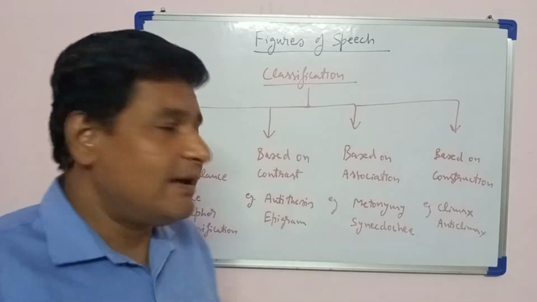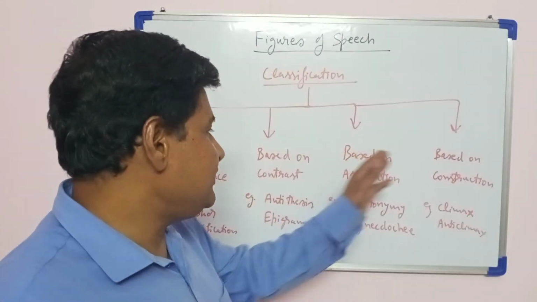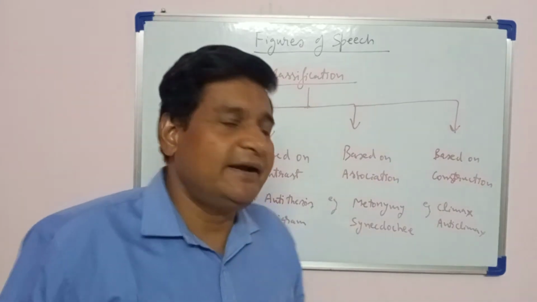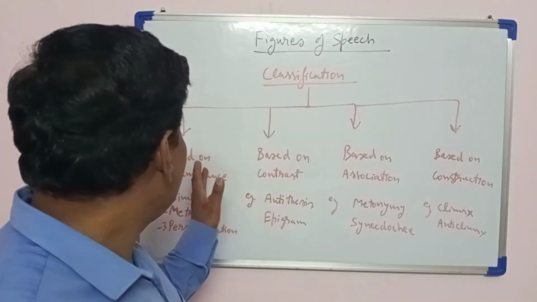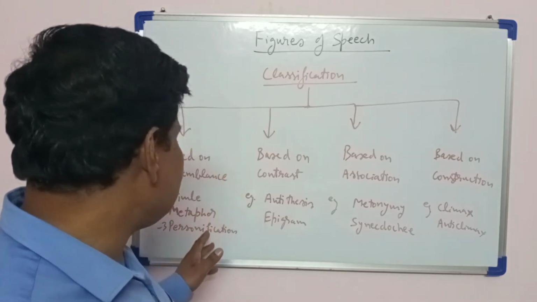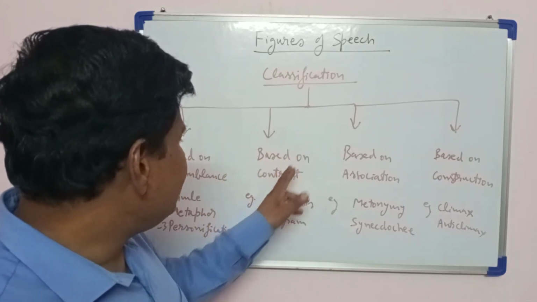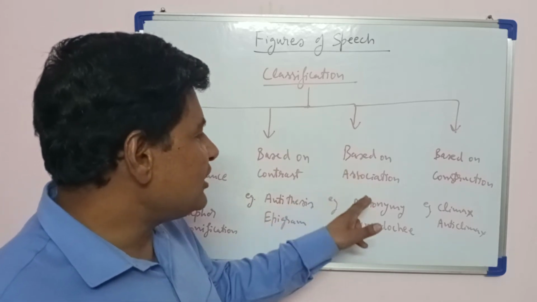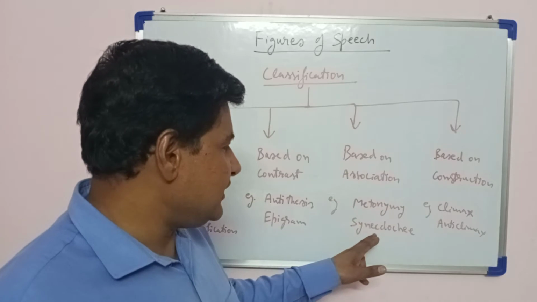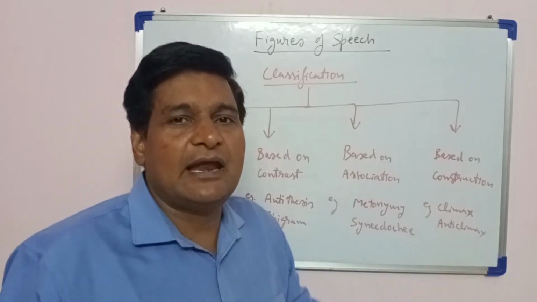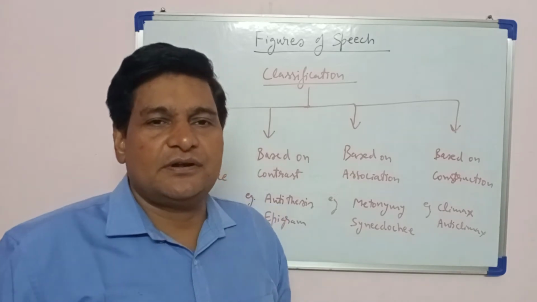So these are the examples of figures of speech of each category. Based on resemblance, simile, metaphor, personification. Based on contrast, antithesis, epigram. Based on association, metonymy and synecdoche. Based on construction, climax and anticlimax. So this is the classification.